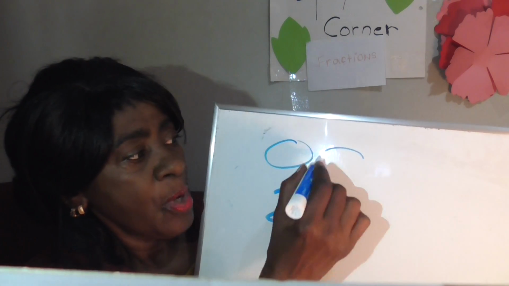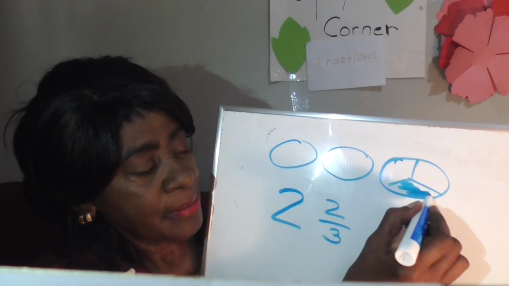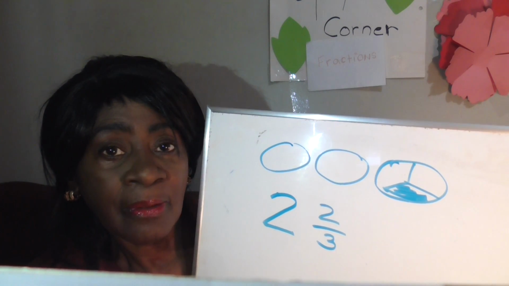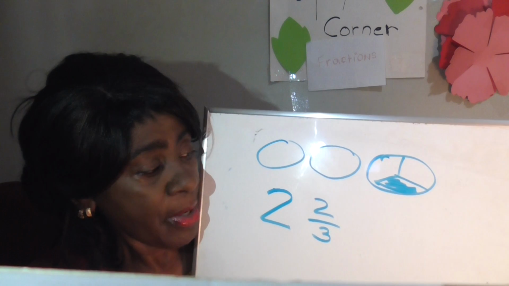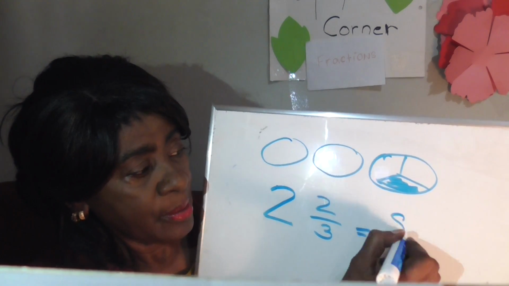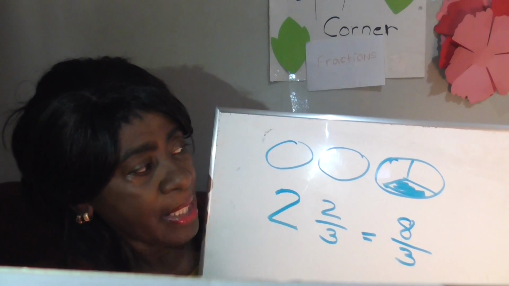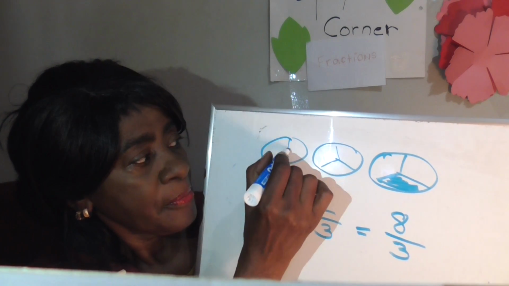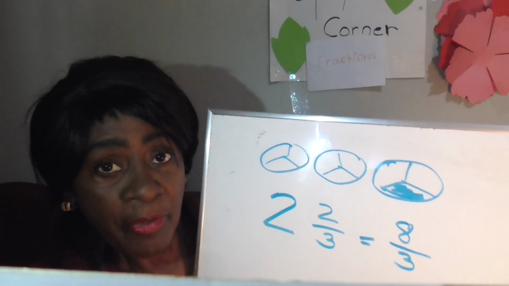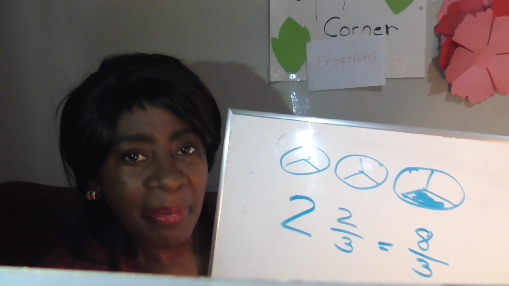That would have been 2 whole pies and the 2/3 which were not taken. How do we convert a mixed fraction to an improper fraction? We multiply by the denominator, which is 3, and we add the numerator. 8/3 were not taken. 1, 2, 3, 4, 5, 6, 7, 8. Improper fraction. Quick review of fractions, mixed fractions, and improper fractions.